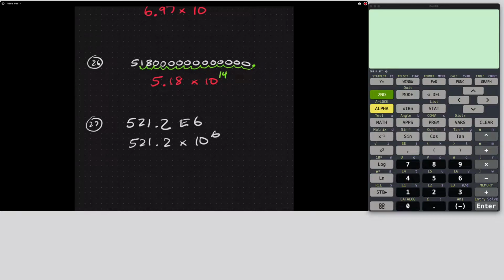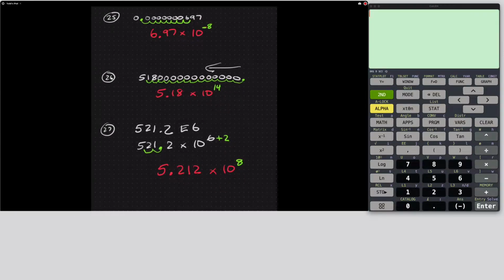And notice that in the example above, as I moved the decimal to the left, the exponent increased, so it went positive. So this one, the decimal is not in the correct position. We want to see it as 5.212 times 10. Well, how many spaces are we moving it? 1, 2. So move 2, so we need to add 2 to that. So it's going to be times 10 raised to the power of 8.